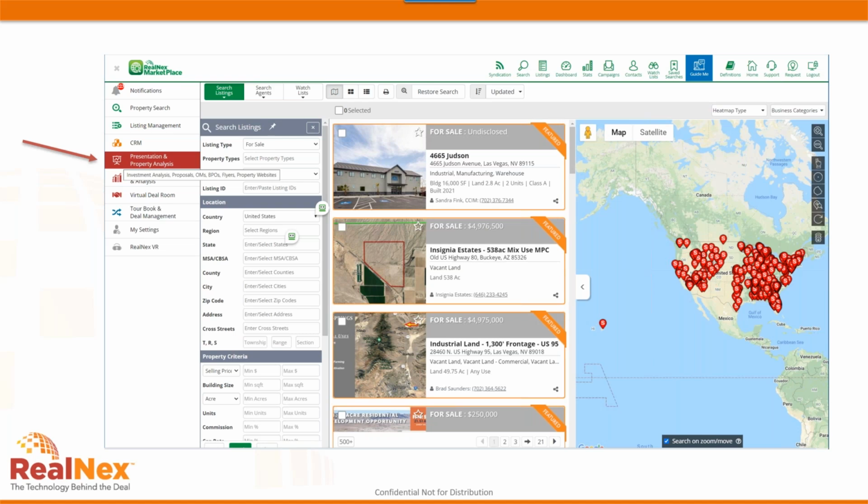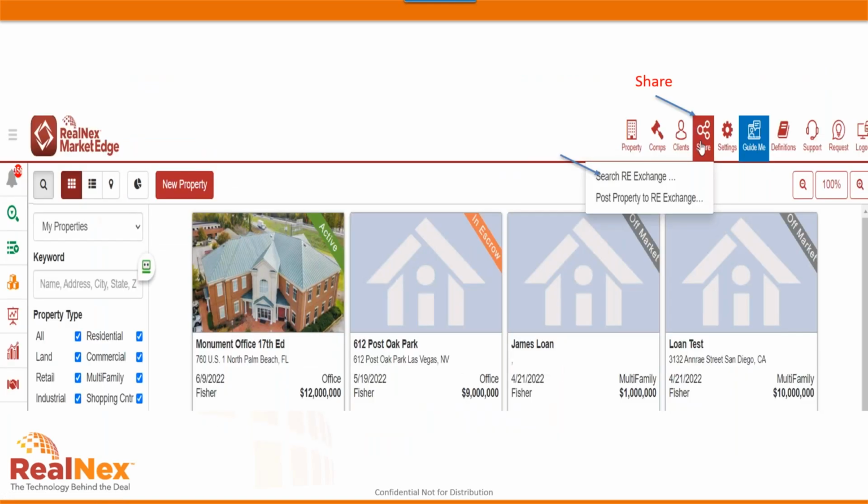There's also the lease analysis, which is a separate type of analysis of just comparing the leases on the property from both the lessor and lessee's perspective. And then, of course, there's a lot of other things as part of the suite, the CRM and the listings and the tour book, et cetera. So we're going to focus on the investment analysis in the presentation and property analysis. And we're going to look at Monument Office, just as, like I said, my textbook example.